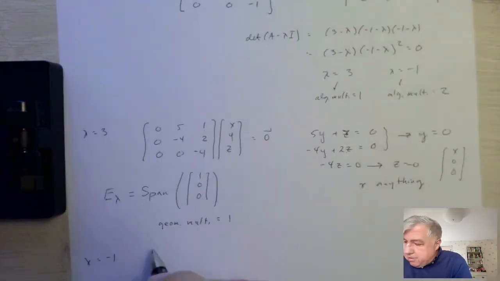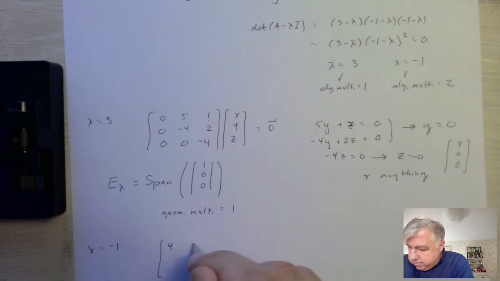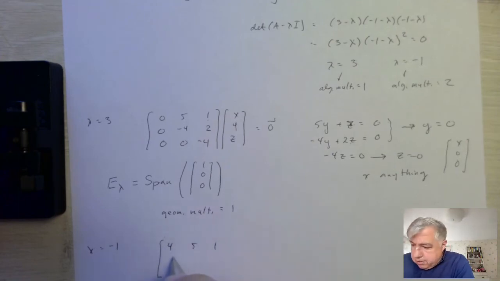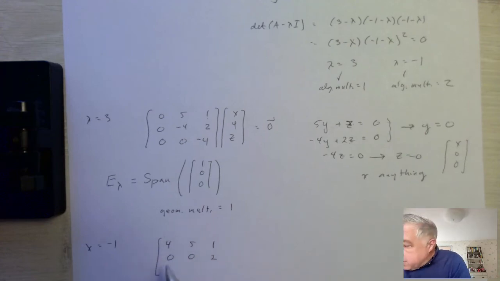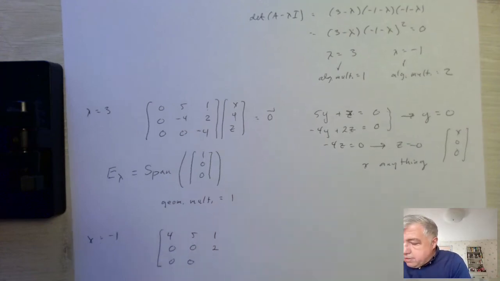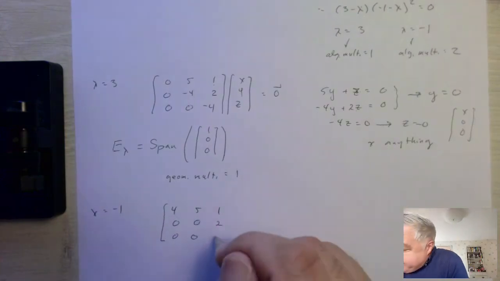So what we get is 4, 5, 1; 0, 0, 2; and 0, 0, 0. Okay.